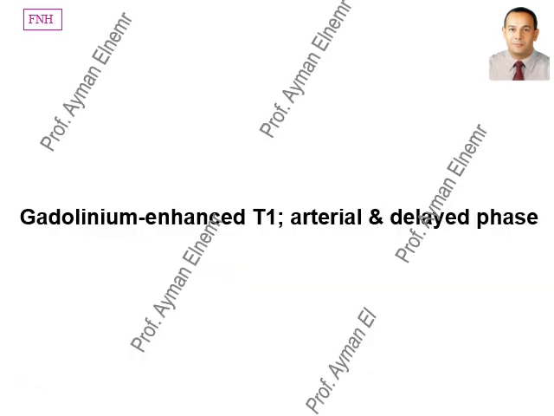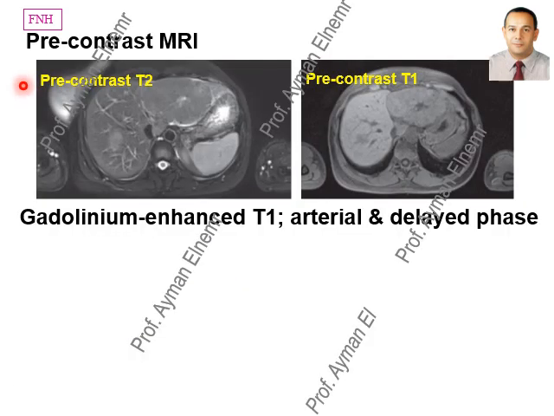MRI examination. The pre-contrast T2 and T1 weighted magnetic resonance imaging show two hyperplastic focal nodules which are iso-intense in T2 and hypo-intense in T1.